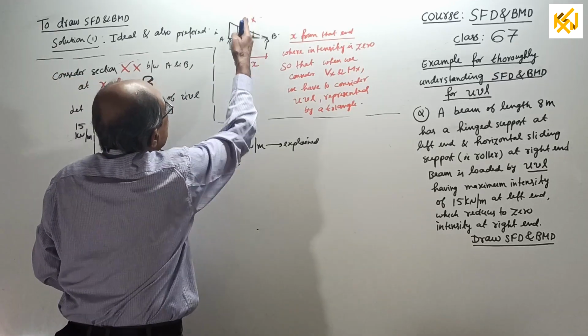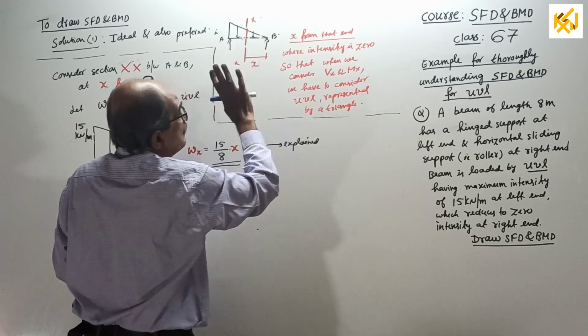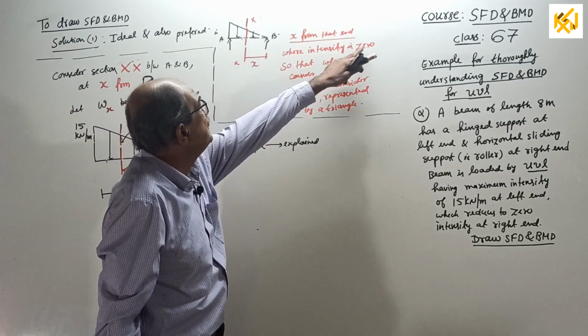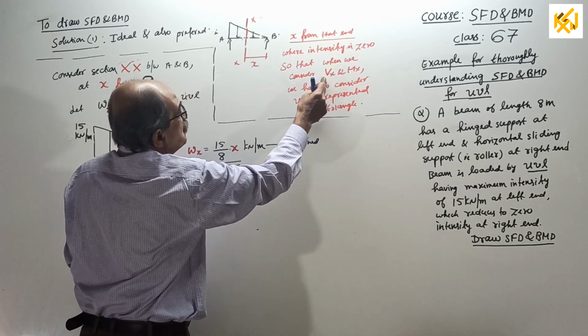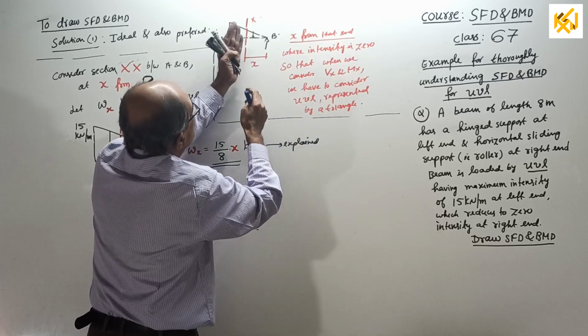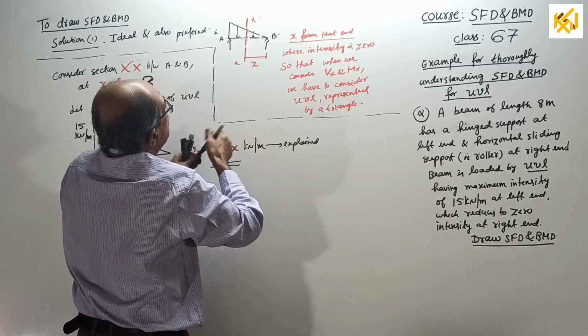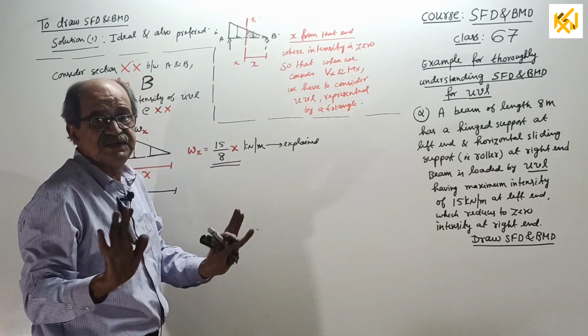That is, we will consider x from here. See, x from that end, don't memorize right side, x from that end where intensity is 0. So that when we consider shear force at XX and BM at XX, when you look that side, we have to consider the UVL represented by a triangle. This is the best solution.